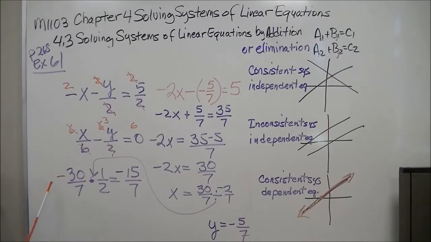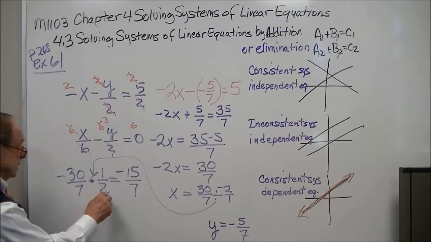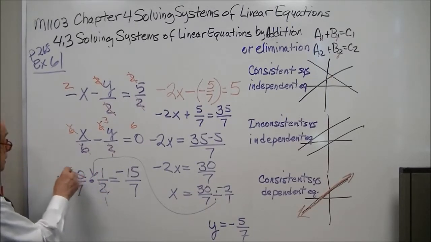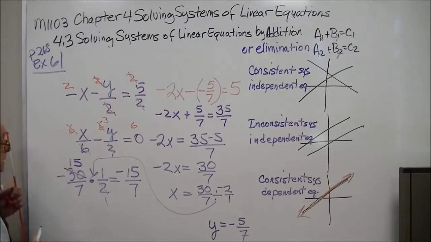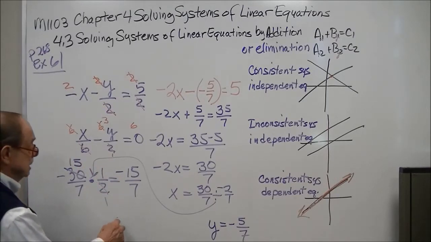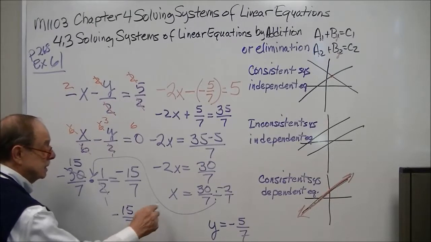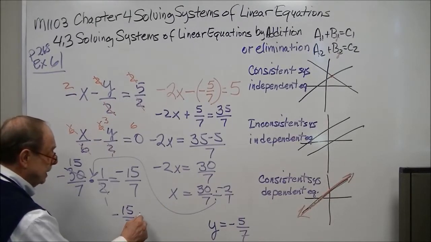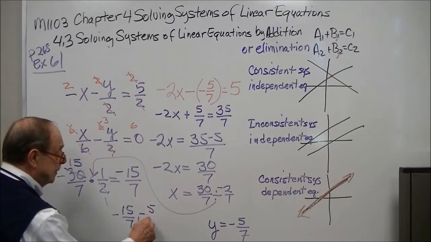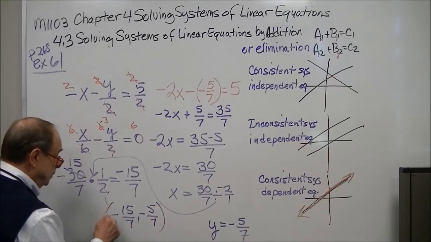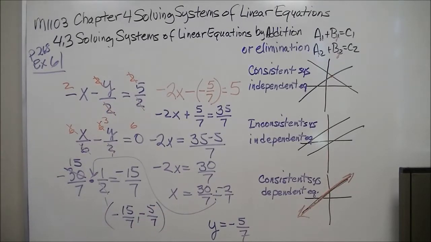I put the negative sign over there for safekeeping. And then multiplying, I could cancel here. 2 goes into there once, 2 goes into there 15 times, and there's where I get my answer. So my x-coordinate is a negative 15/7. My y-coordinate is a negative 5/7. We list it as an ordered pair.